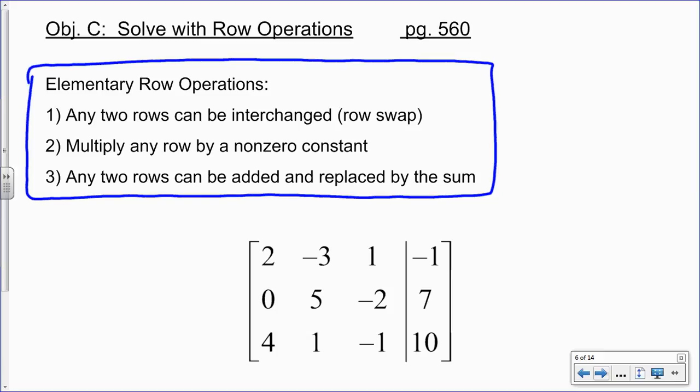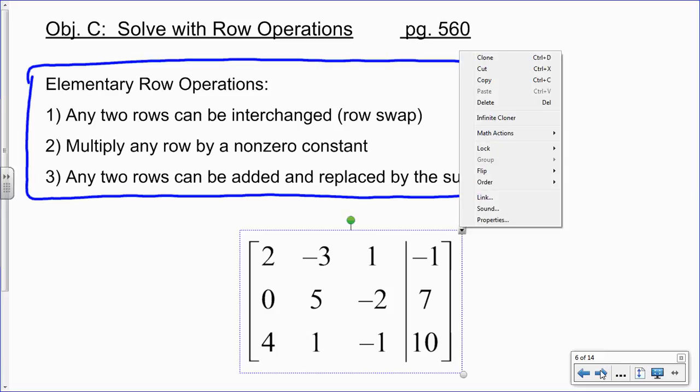So basically what that is is the elimination method, just without the variables. You don't need to write this matrix down yet.